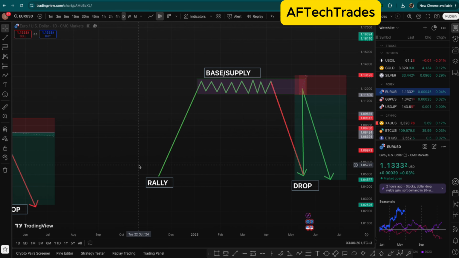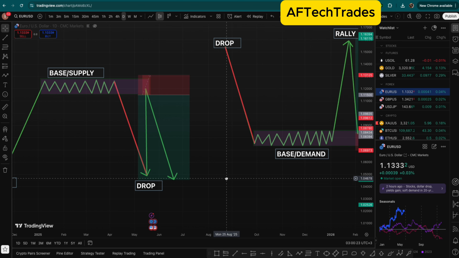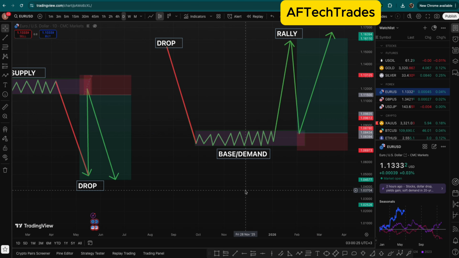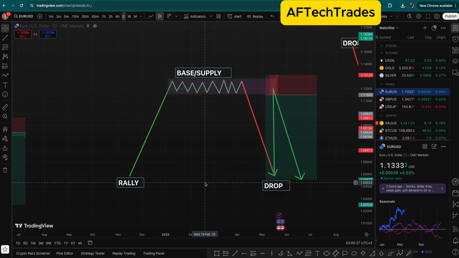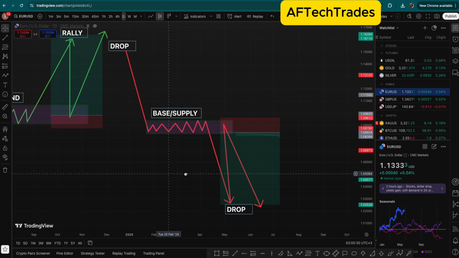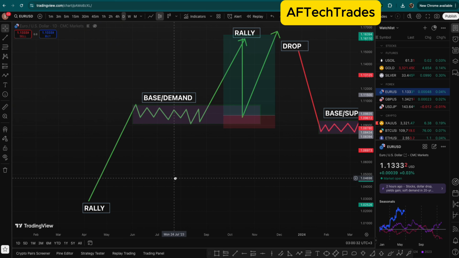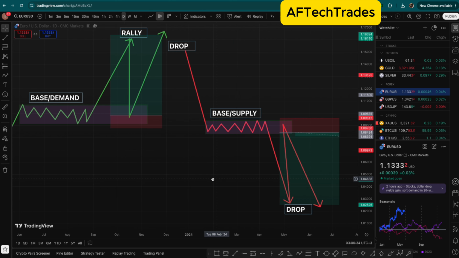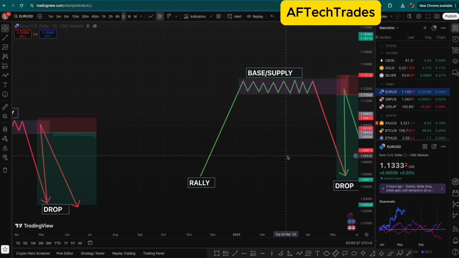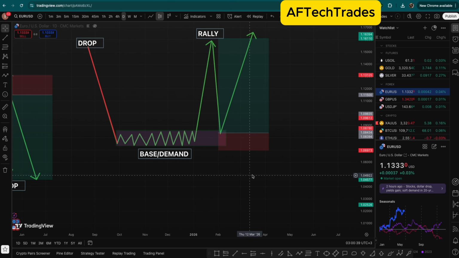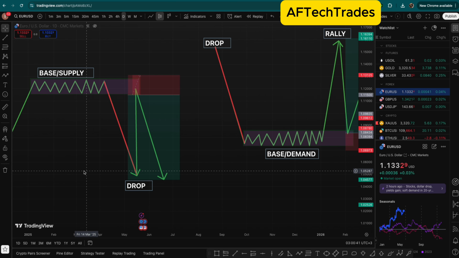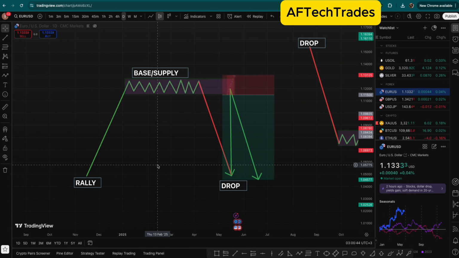Just in case you're getting confused, this is a very simple way for you to understand. So like I said, in my next video, I will teach you how to trade this, the easiest way to trade this. You can keep milking money with this. If you try it and you see that it works really perfectly for you, you can just depend on this and continue using it as your strategy.